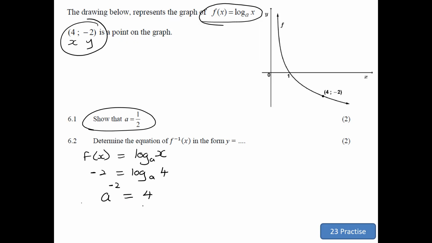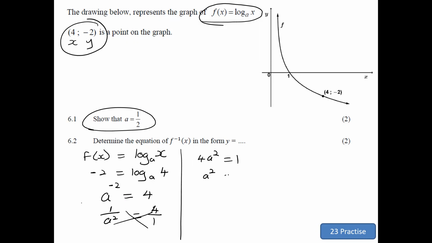So now I want to solve for a. There's two ways I can do it. One way is to say a to the minus 2 is actually equal to 1 over a squared, which is equal to 4. Let's write 4 as a fraction, 4 over 1. By cross multiplication, 4 times a squared is 4a squared, and 1 times 1 is 1.